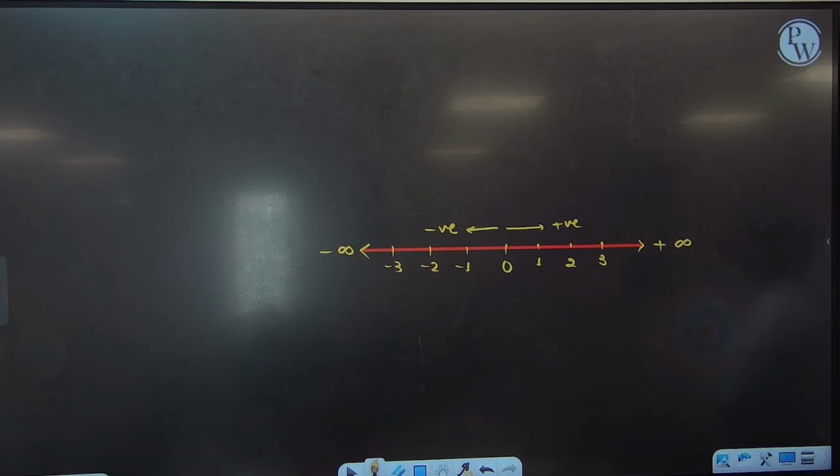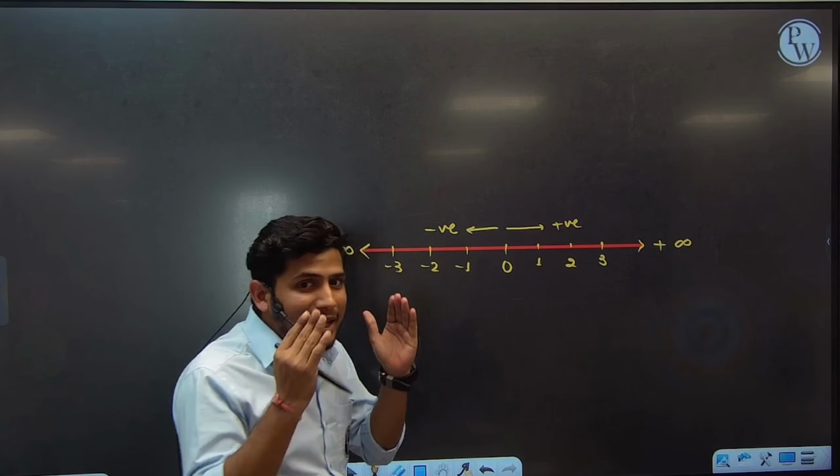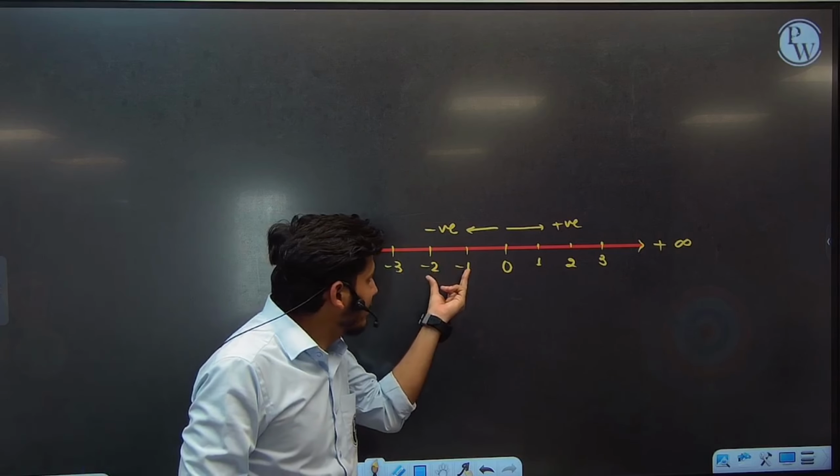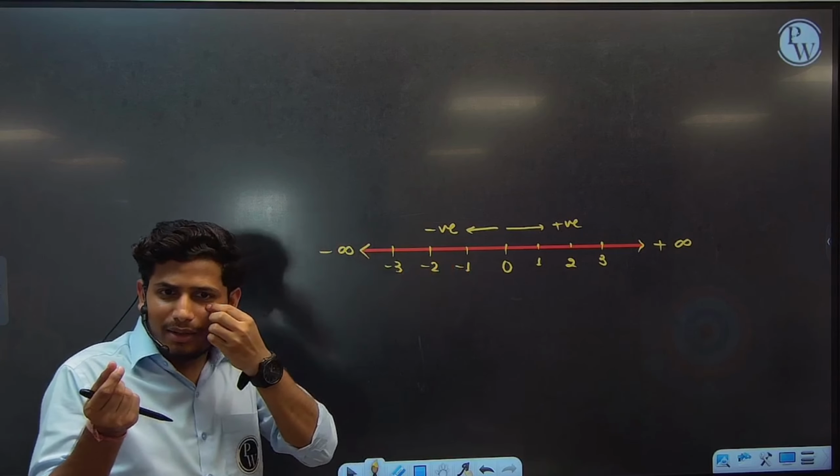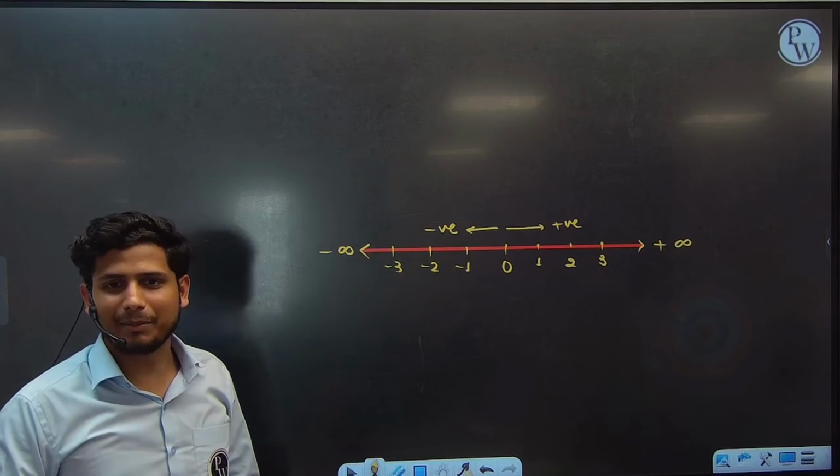2? No. There are infinitely many values between numbers situated on the number line.